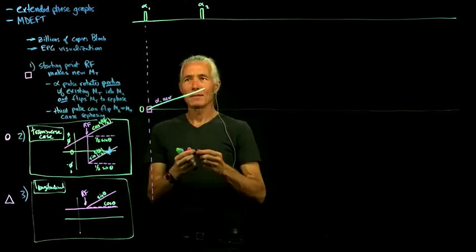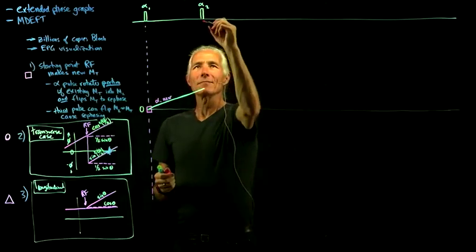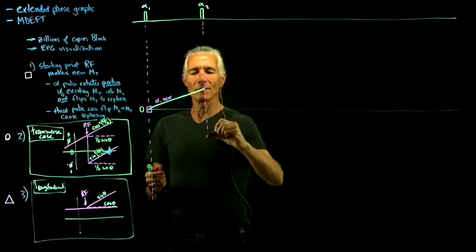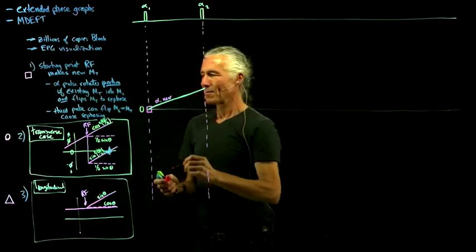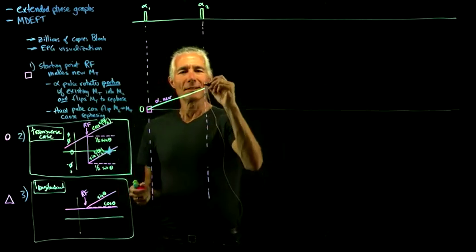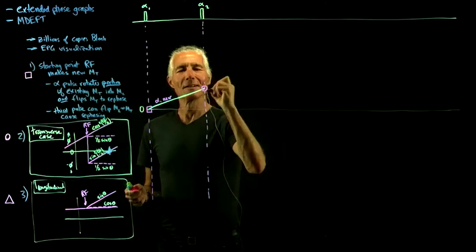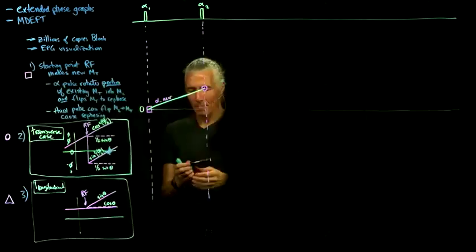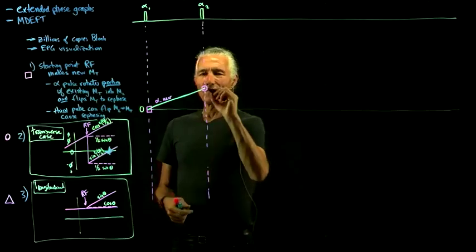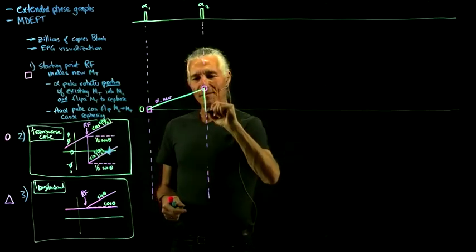So now we hit it with an RF pulse, and so that allows us to apply rule 2. So that's a circle. At that point, we will generate 4 pathways that will come out of here.